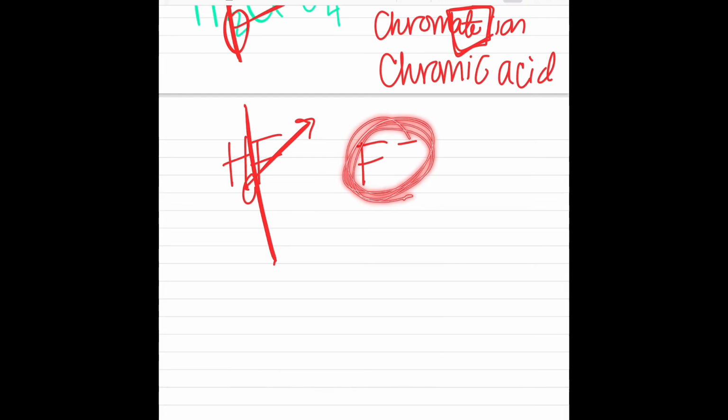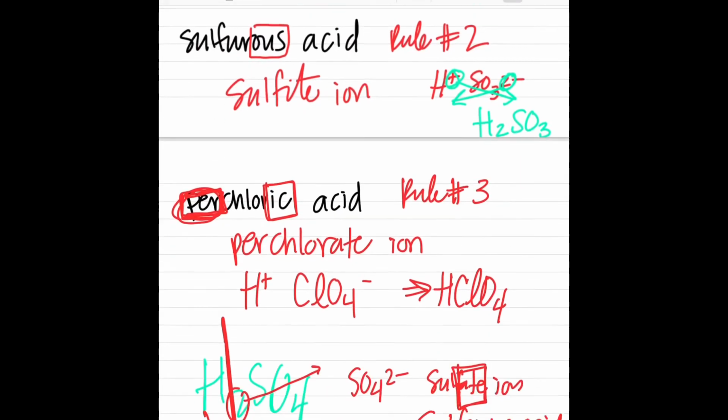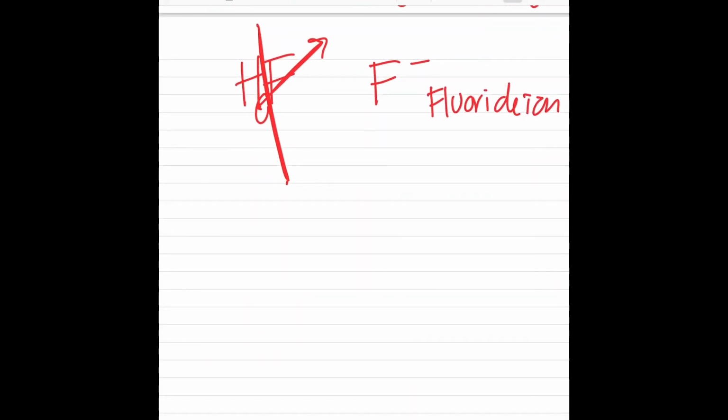F minus is called fluoride ion. IDE is rule number 1. So we are headed in this direction. So hydro-ic acid, so hydrofluoric acid.